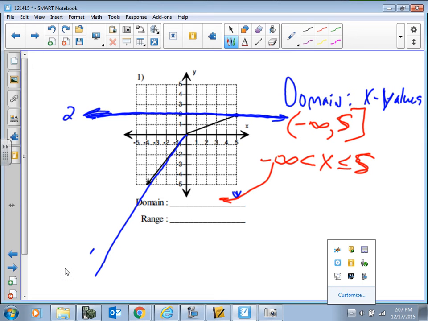So there is not going to be any lowest value. So what we're going to have is from negative infinity. So it's coming up from negative infinity. The highest point is going to be 2, and it's included. That's the answer for number 1.